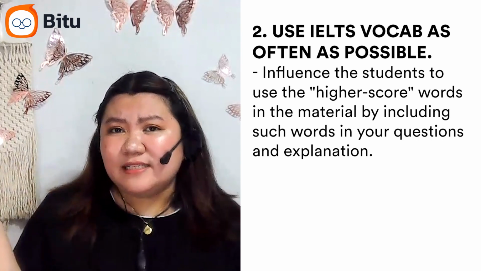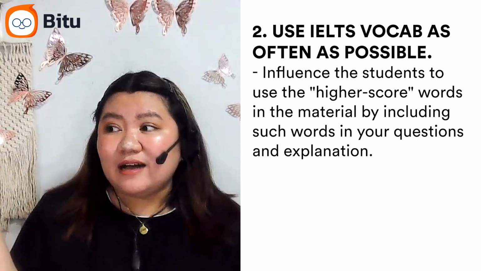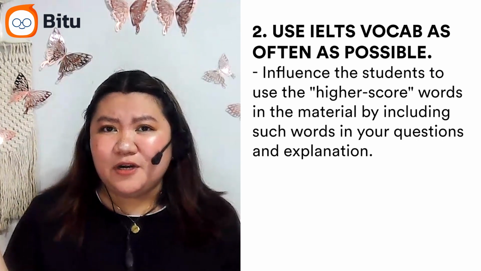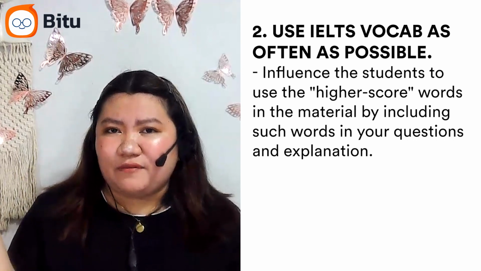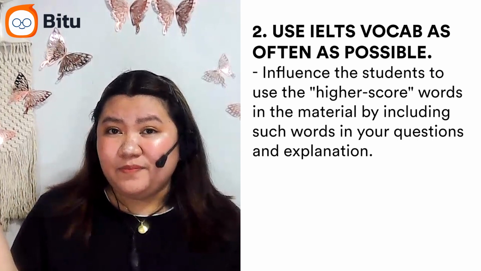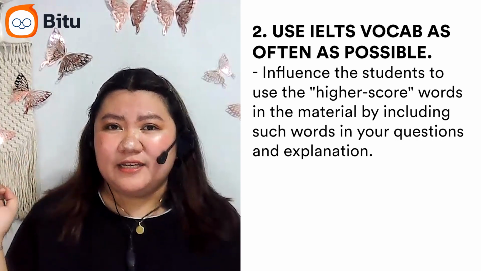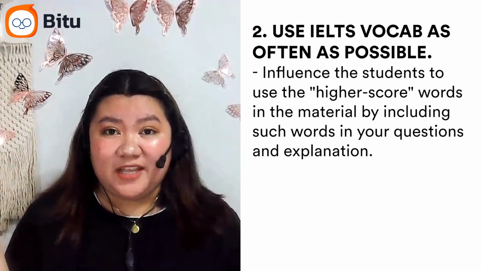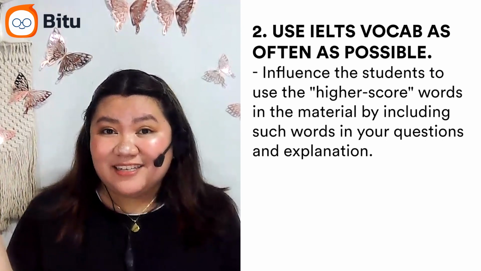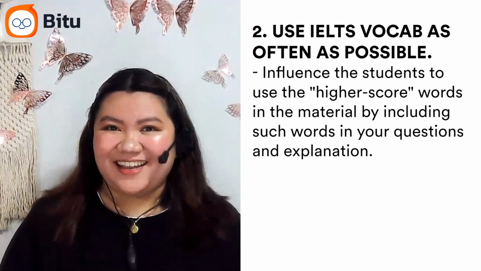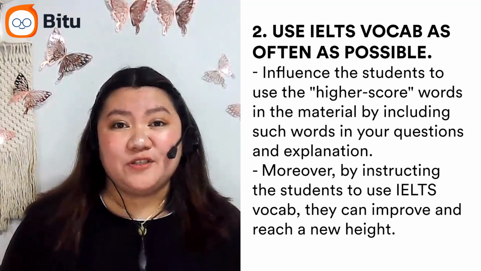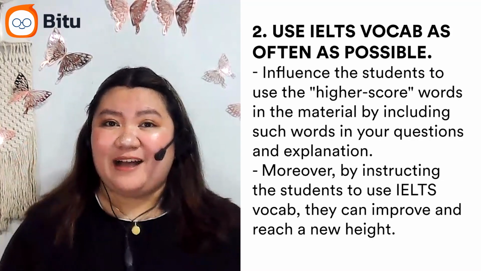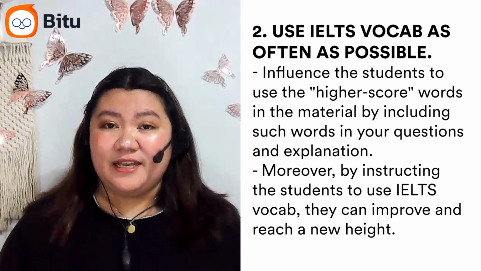So instead of asking, is your house far from the city center, or do you like to travel in places that are very far and isolated, you can simply ask, do you like to travel to places that are off the beaten track? Sounds better, right? Moreover, by influencing your students to use the IELTS vocab, they can improve and reach a new high.